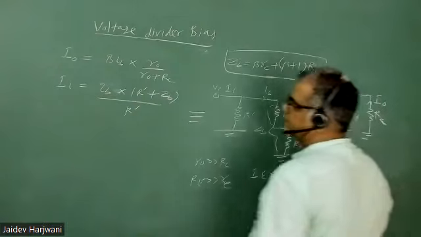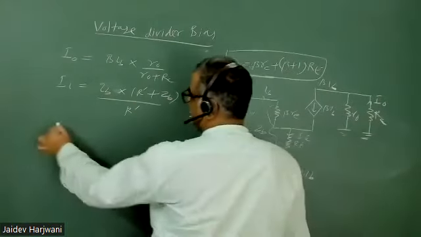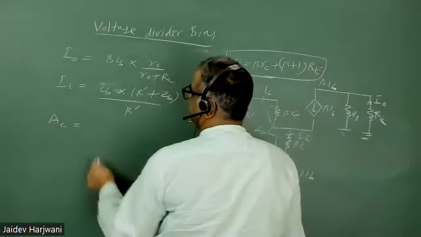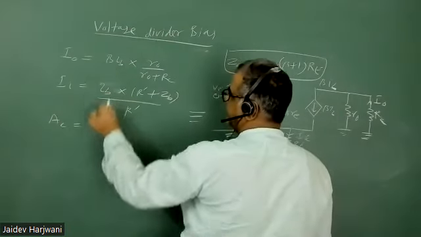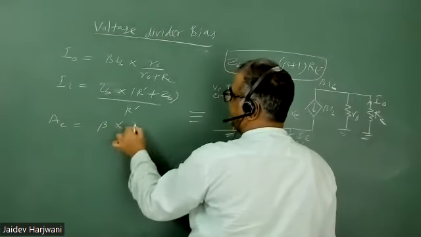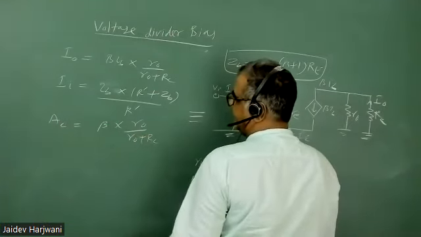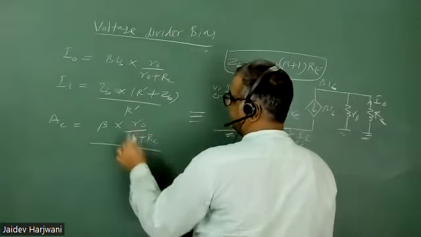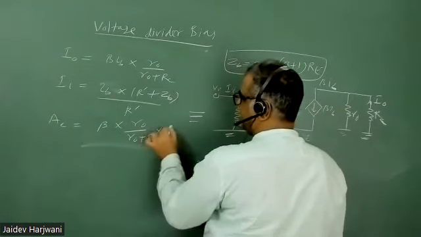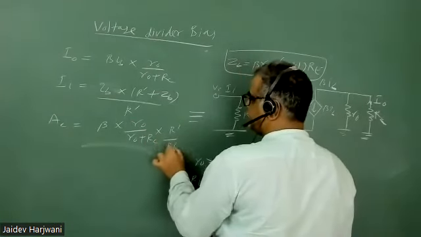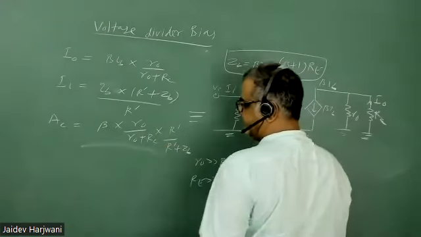Okay? Now I want AI. So what will AI be? IB cancels. Beta into R naught upon R naught plus RC, and then you have here R dash upon R dash plus ZB.